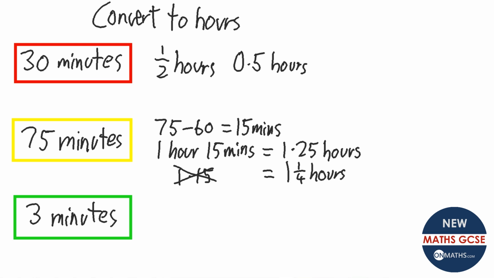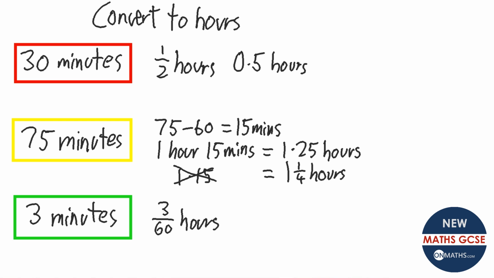Okay, this last one, 3 minutes. Well, this isn't a common one that we say, oh, I'll meet you in a fraction of an hour. 3 minutes doesn't really have a fraction like 30 minutes and 15 minutes does. Just think about, well, how many minutes are there in an hour? Well, there's 60. So 3 minutes is going to be 3 over 60 hours.